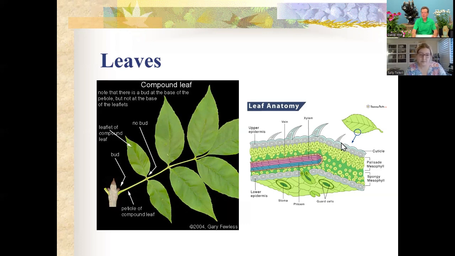There's a waxy cuticle layer on the upper surface of the leaf to help it conserve moisture and protect it against the elements. Usually on the underside of the leaf, we have specialized structures called stomates, surrounded by guard cells. Essentially, that's where they open and close to regulate gas exchange.